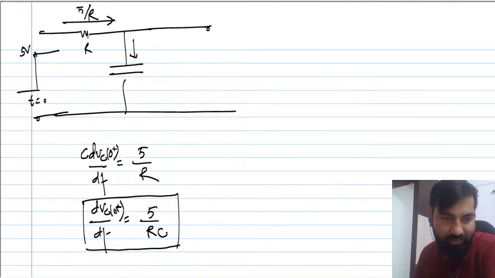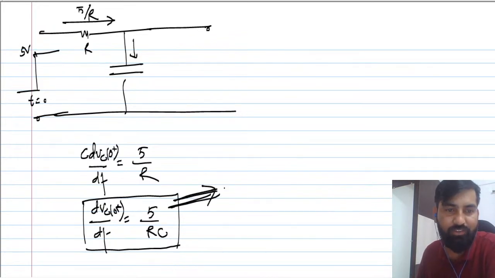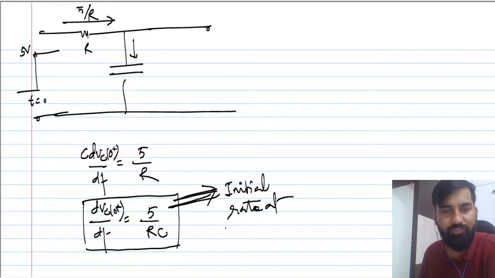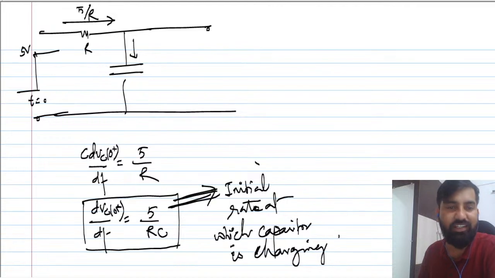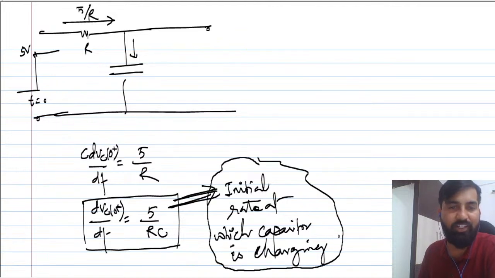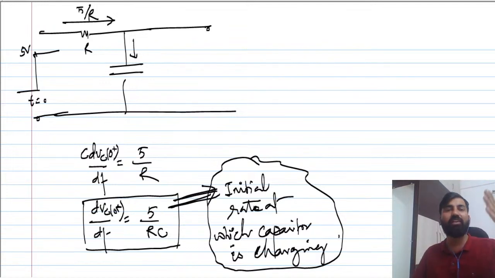What is the meaning of this? This is the initial rate at which the capacitor is charging. Mathematically, this is the initial slope.